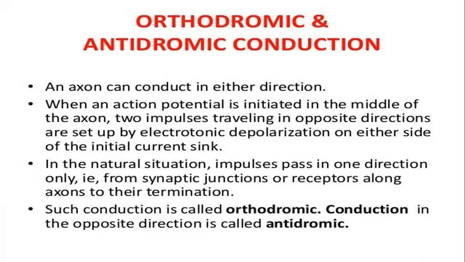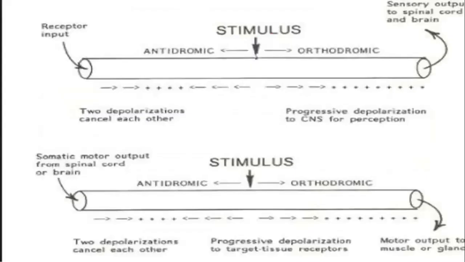In the natural situation, impulses pass in one direction only, that is, from synaptic junctions along the receptors, finally to the terminals, finally to the postsynaptic membrane. Such conduction is called orthodromic conduction. Conduction in the opposite direction is called antidromic conduction.